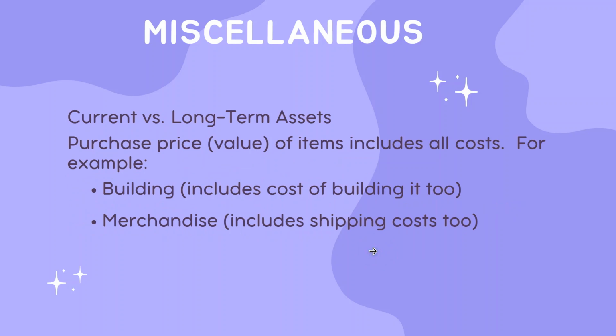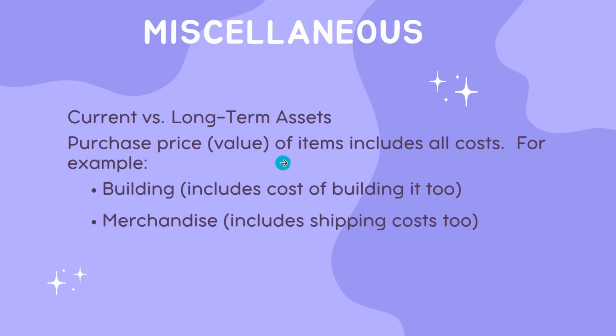Current versus long-term assets. Remember, current assets are anything that you will have less than a year. Long-term assets are more than a year. I think that's on there too.